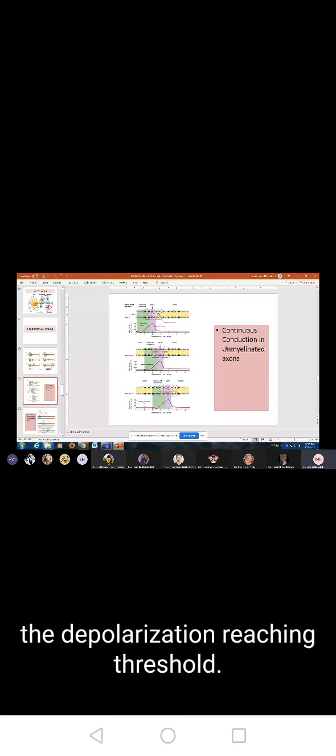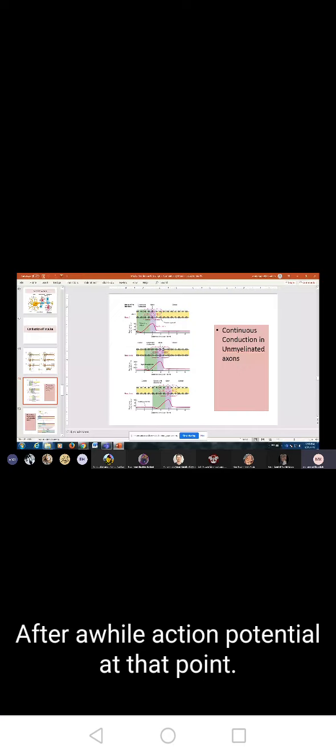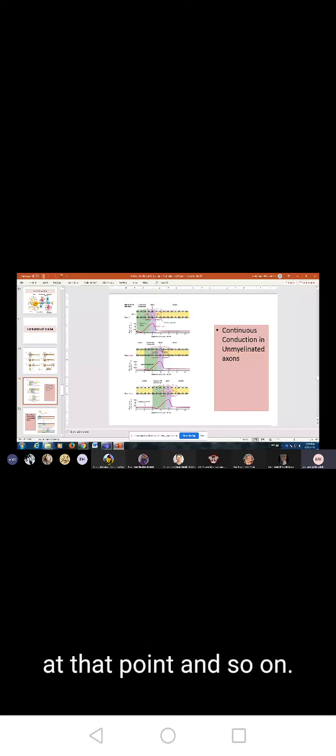By these currents, what happens to the neural region here? We are getting depolarization, and the depolarization reaches threshold. Once you have reached threshold, you develop the whole action potential as you see here. After a while, action potential at that point, after a while, action potential at that point, and so on.